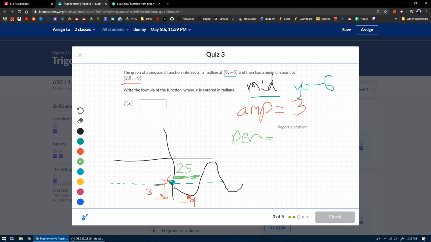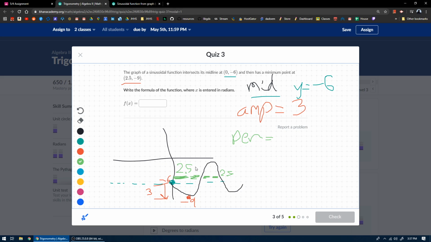It's also 2.5, right? It's all symmetrical. So if I head down 2.5 units, I head back up 2.5 units. So head down 2.5, head to middle 2.5, head up 2.5, head back down to middle 2.5.